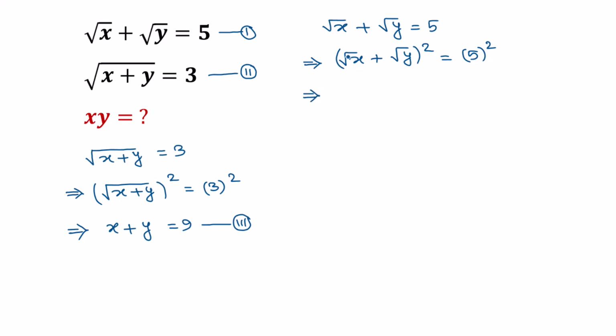Now applying the formula a plus b whole square is equal to a square plus twice ab plus b square, we will get square root of x and whole square plus 2 times square root of x times square root of y plus square root of y and whole square is equal to 5 square. This is 25.